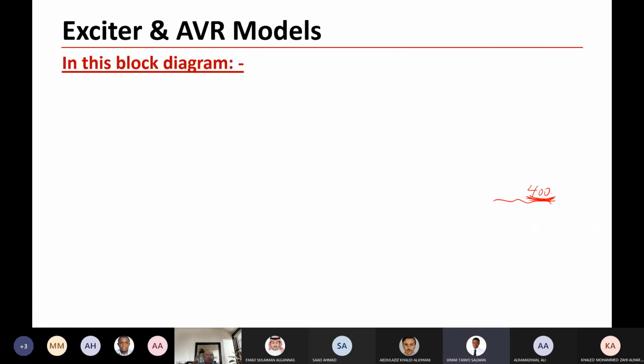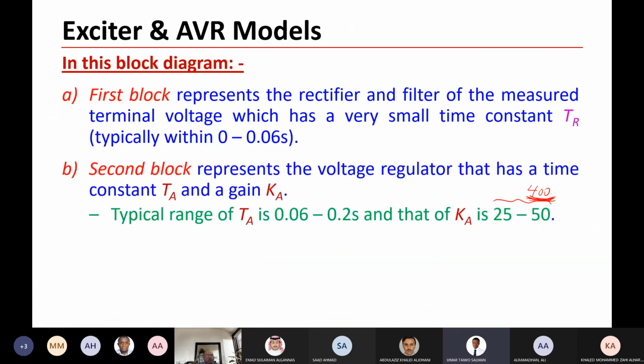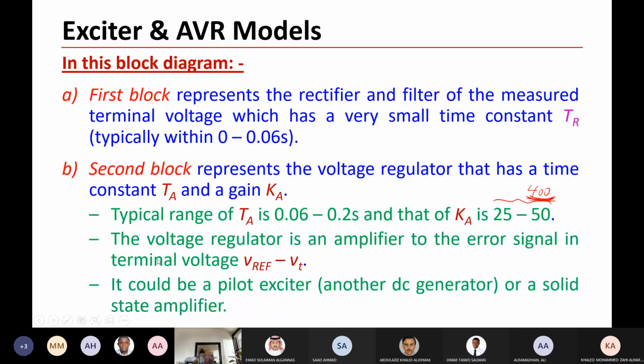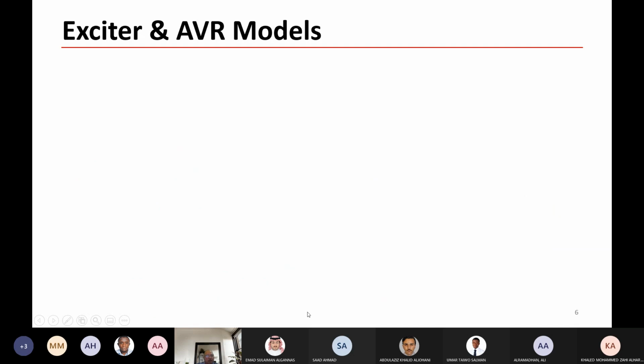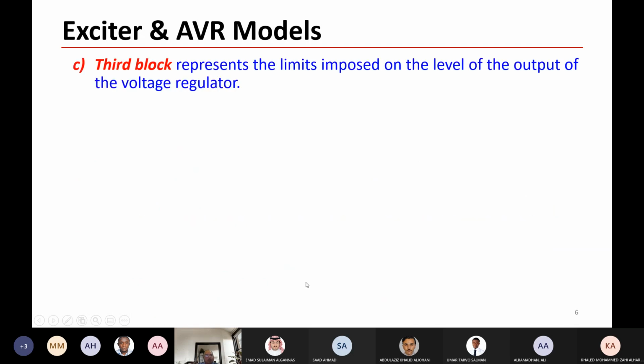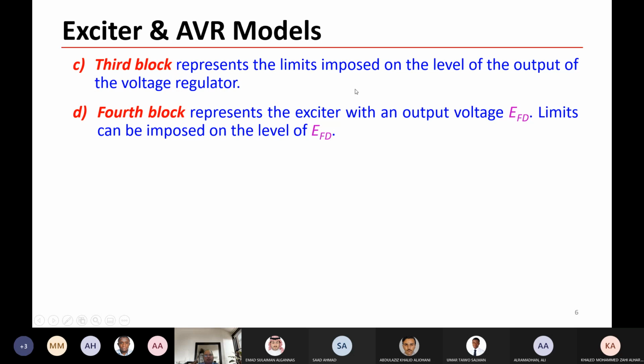Yes, doctor, it's clear. Thank you. So this is the first, second block. It could be a pilot exciter, another DC generator, or a solid state amplifier. The third block represents the limits imposed on the level of the output of the voltage regulator, or limiter, or saturation limits, plus minus maximum value.